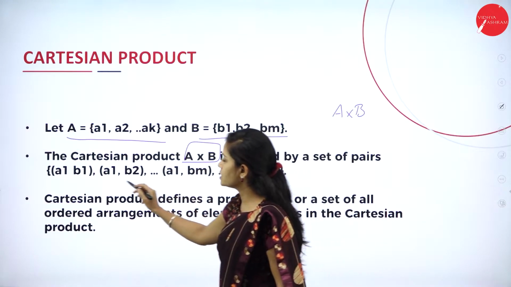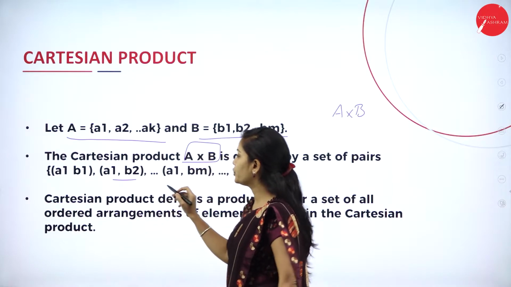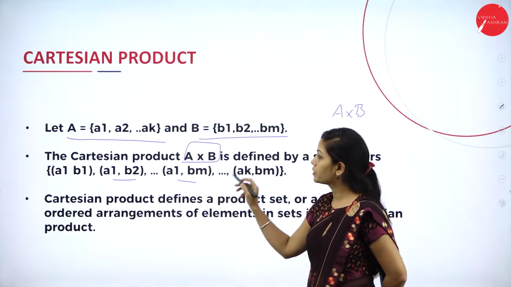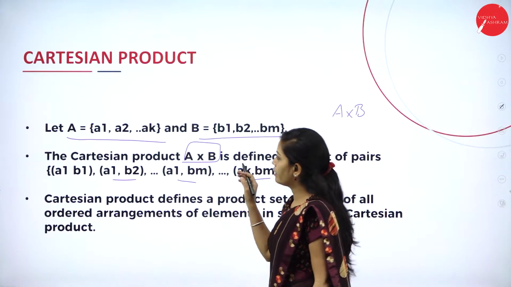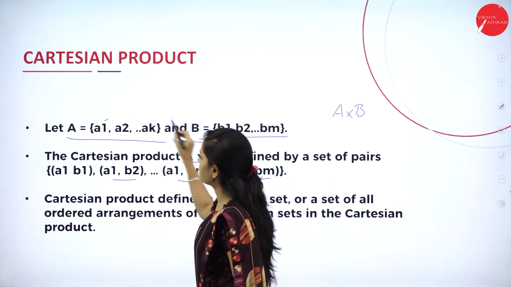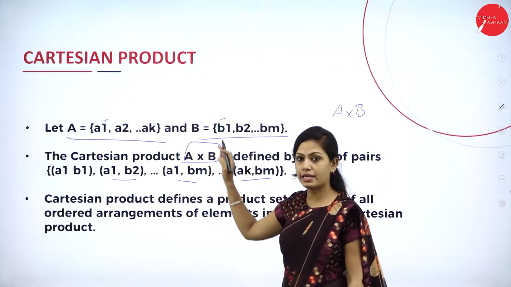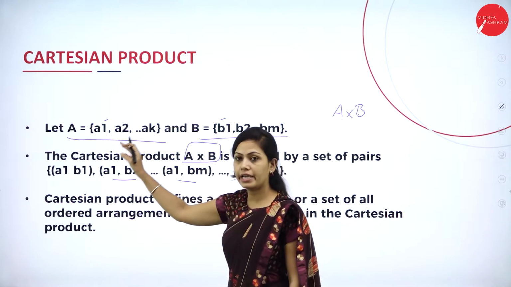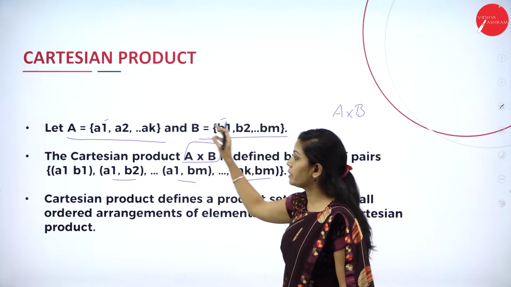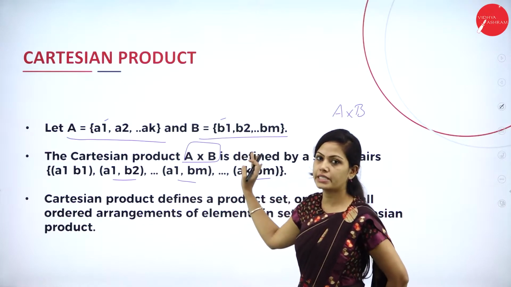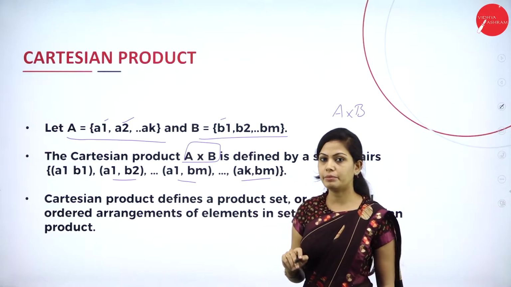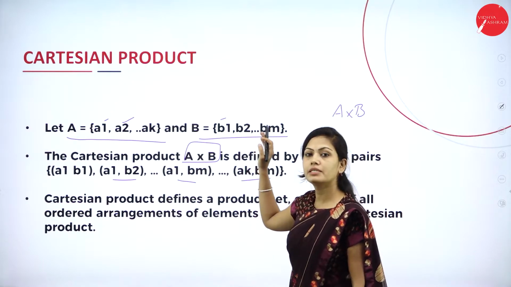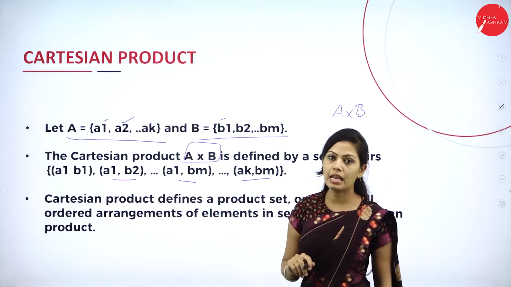You can observe this (A1, B1), (A2, B2), (A1, Bm) and (AK, Bm). So here we have paired the first element of both set A and set B, and again the first element with the second element, the first element with the last element, and again selected the second element with the first element, the second element till the last element.